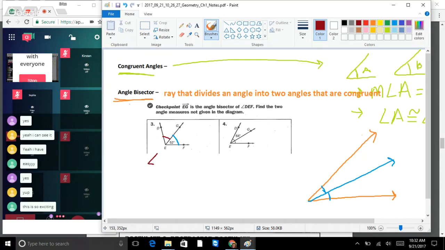I see somebody typing DEG. Yes, somebody says congruent with GEF. That's correct. DEG is congruent with GEF.